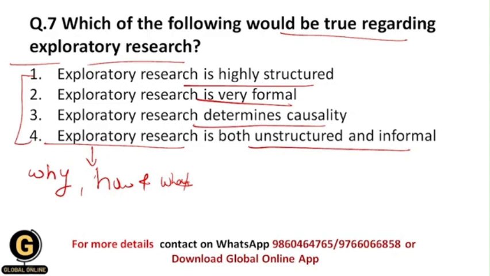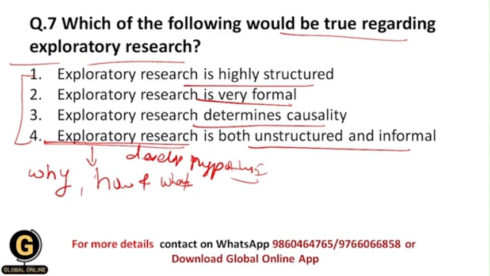Okay, and that's why within the exploratory research I am going to develop the hypothesis, and that's why there is no kind of rule while doing the exploratory research. As well, I can use unstructured format over here.